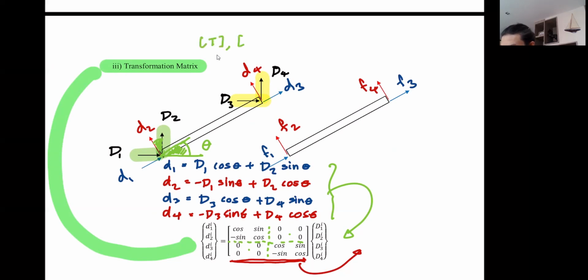Some call it lambda, but I'm familiar with lambda, so I'm just going to call it lambda. Okay. The most important thing for lambda is that the lambda inverse is exactly the same as lambda transpose. You know what transpose is?